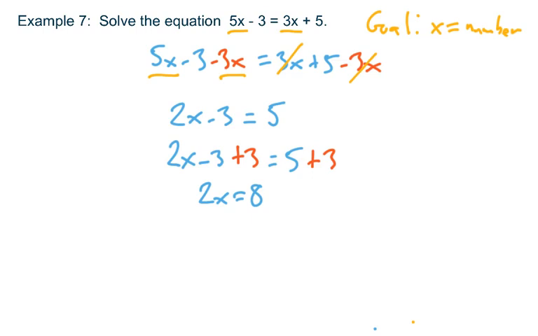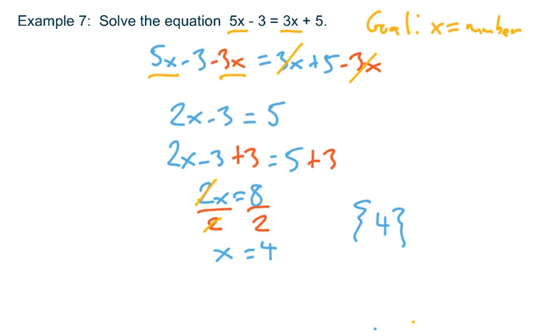And finally, to get rid of the 2, because it's multiplied, we'll divide both sides. And that gives me 2 divided by 2 gives me a 1. x is equal to 4. My solution set should therefore be the set containing 4.